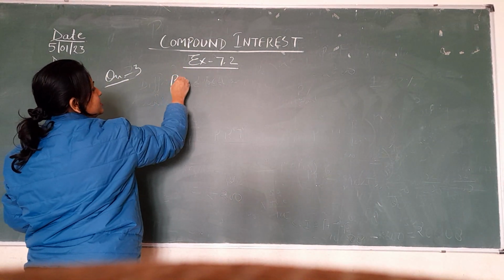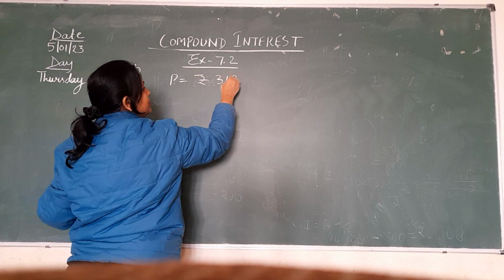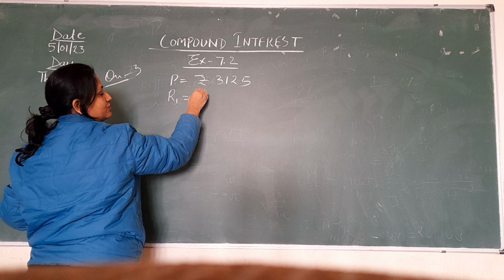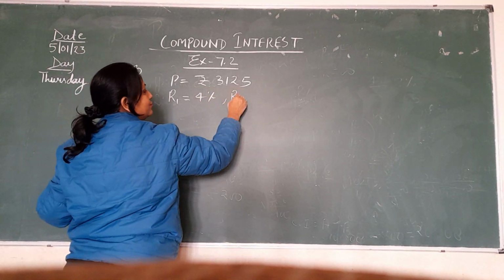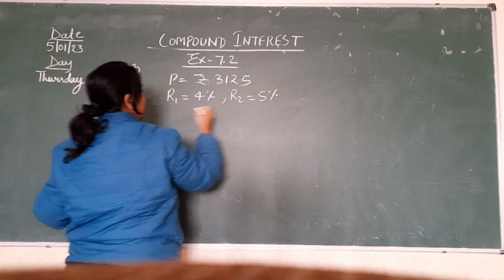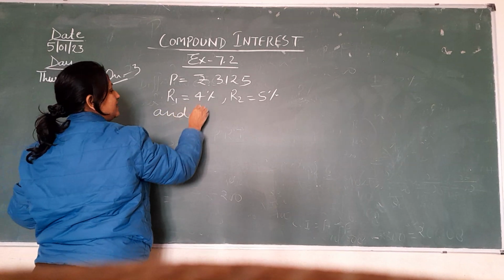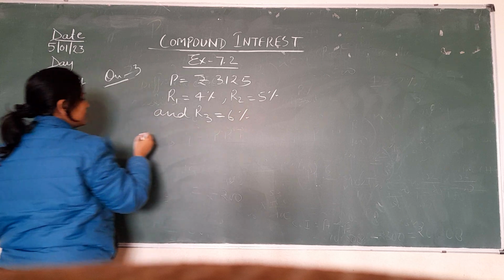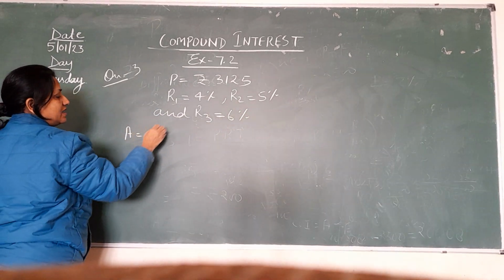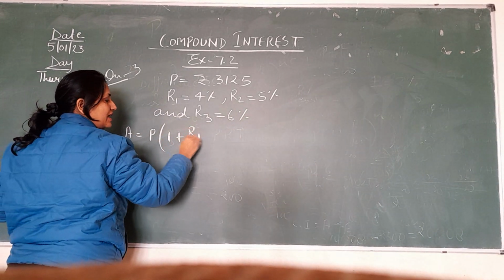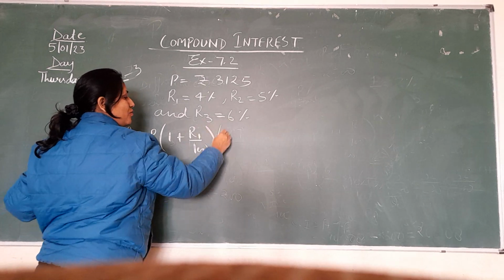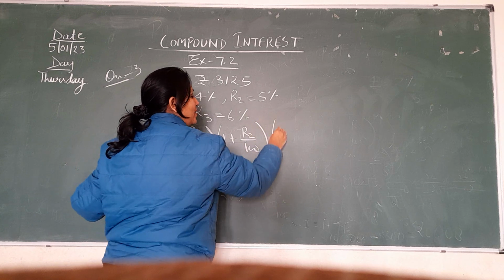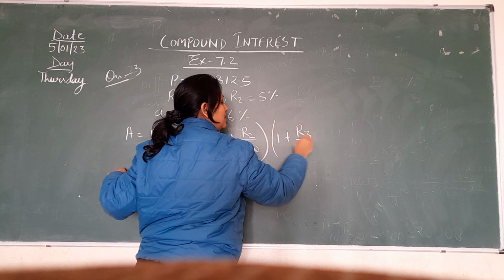According to the question, principal is equal to rupees 3125 and rate of interest R1 is equal to 4%, R2 is equal to 5% and R3 is equal to 6%. So amount is equal to P into 1 plus R1 upon 100, 1 plus R2 upon 100 and 1 plus R3 upon 100.